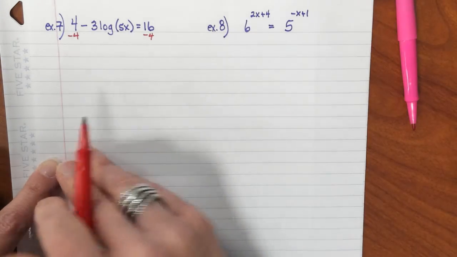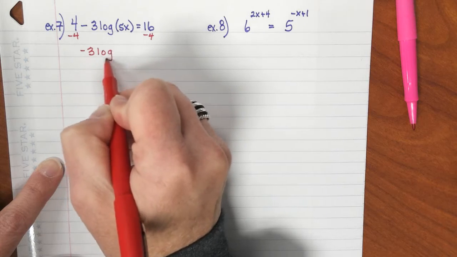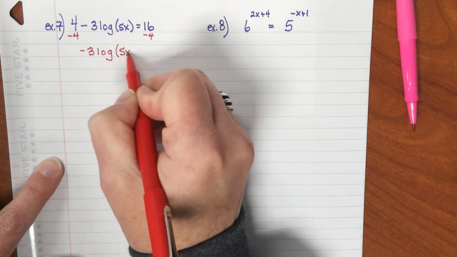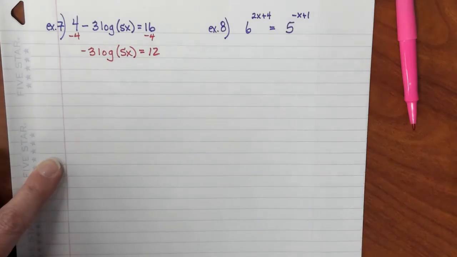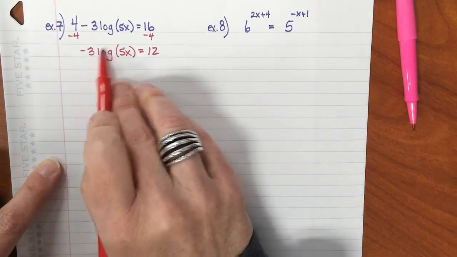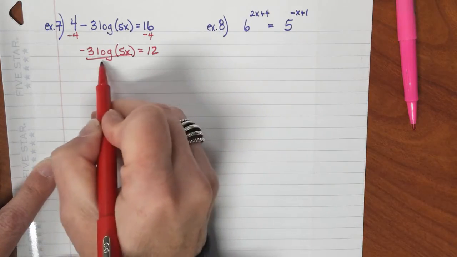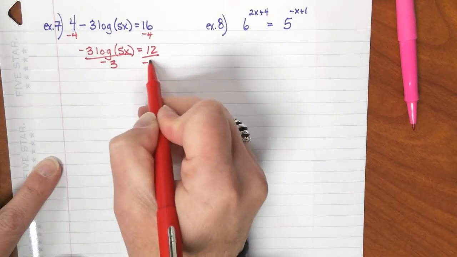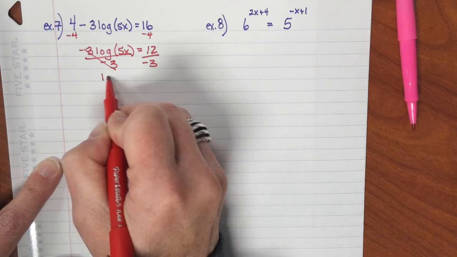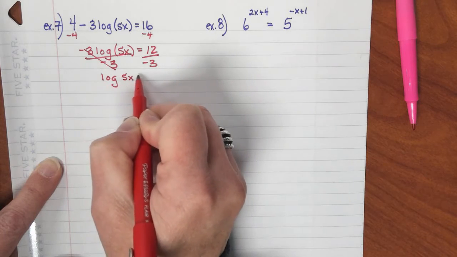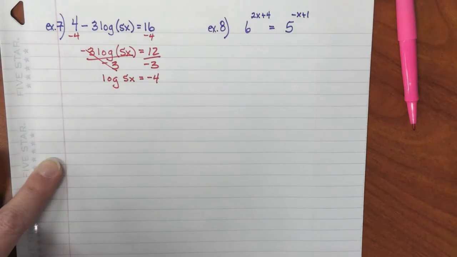So I subtract 4. I have -3 log 5x equals 12. I could bring the 3 up, but right now I'm just going to divide by -3. That works. Okay, these are gone, and then I just have the log of 5x equals -4.